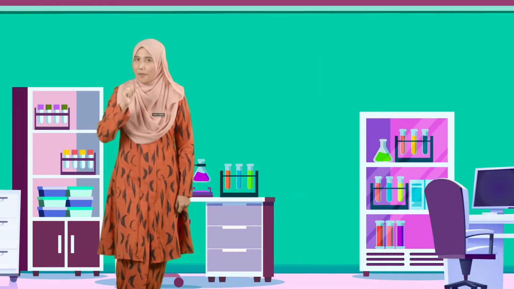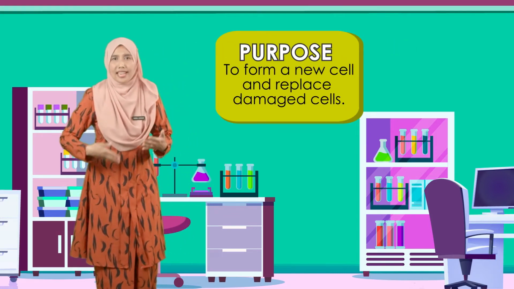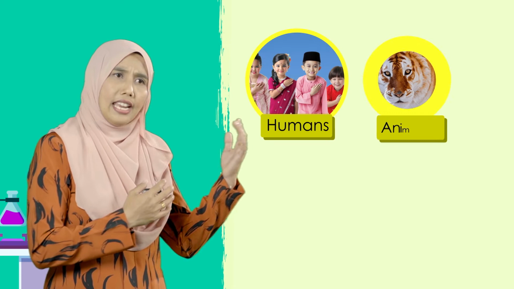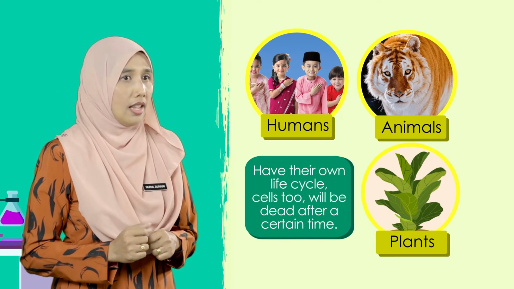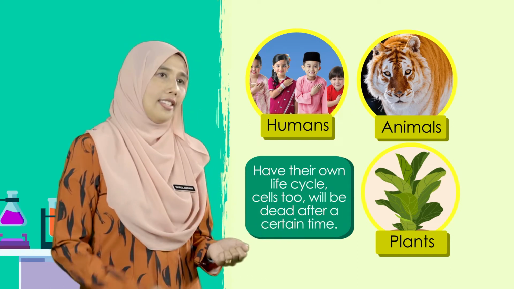Excellent! The purpose of this process is to form a new cell and replace damaged cells. That means just as humans, animals, and plants have their own life cycle, cells too will be dead after a certain time.